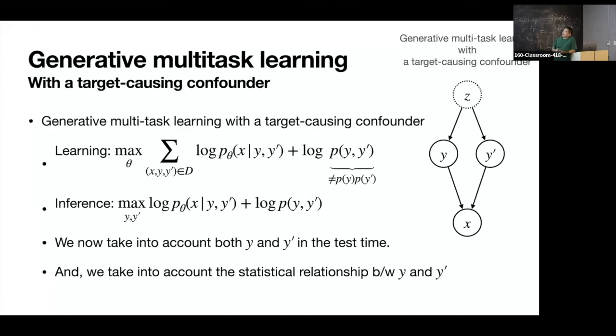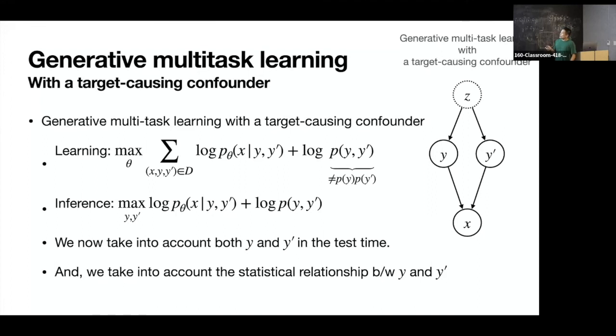And one major assumption here is that we don't know what the target causing confounder is. That is unobserved. If you observe it, it's very easy. If you observe everything, everything is always easy, but we say that we don't observe it. And what this says is pretty simple. Because z gives rise to y and y prime, and we don't observe z, we have to think of marginalizing out this z.